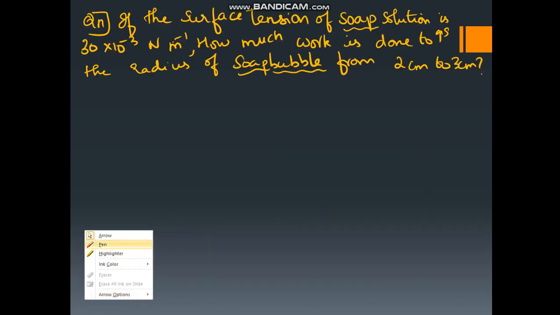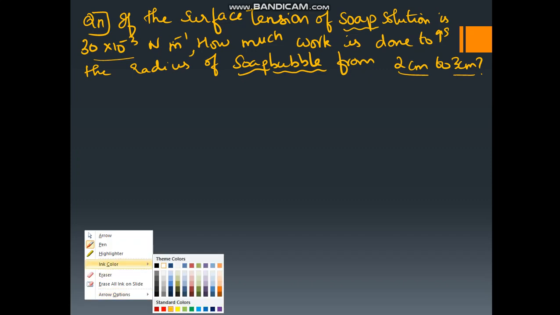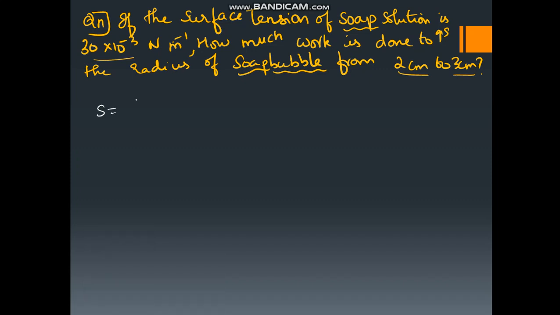Now let us work out numericals. The surface tension of soap solution is given. How much work is done to increase its radius from 2 cm to 3 cm? Surface tension is work done by, for soap solution, 2 into delta A. Surface tension is given as 30 into 10 power minus 3, and work done is asked.